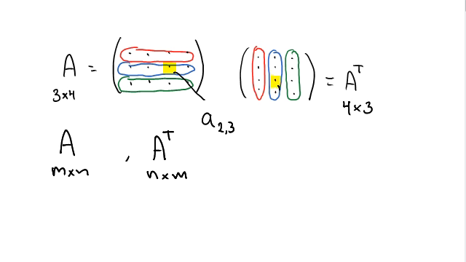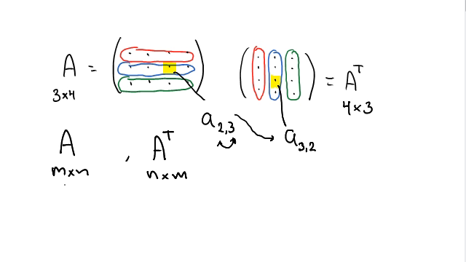We see that it became a_{3,2} in the transposed matrix. And it's absolutely no coincidence that the indices switched places when I went to the transpose. Try to convince yourself of this.